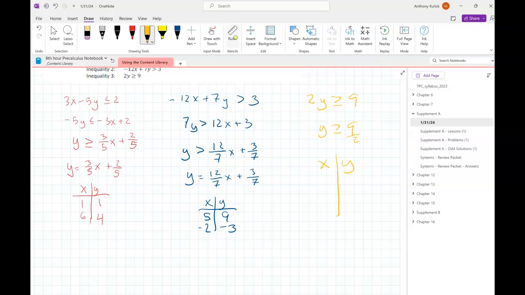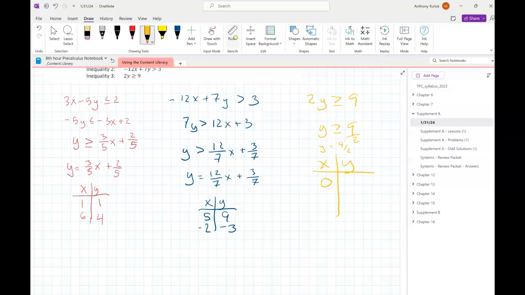I'll make my xy table. Let's pick, say, x to be 0. Where do I plug that in? Is there an x in the equation?